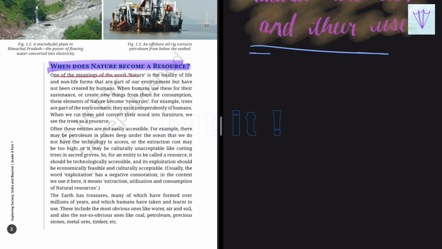One of the meanings of the word nature is the totality of life and non-life forms that are part of our environment but have not been created by humans.